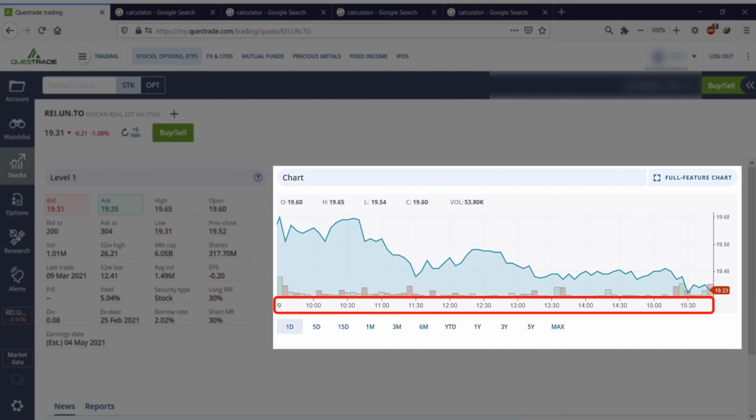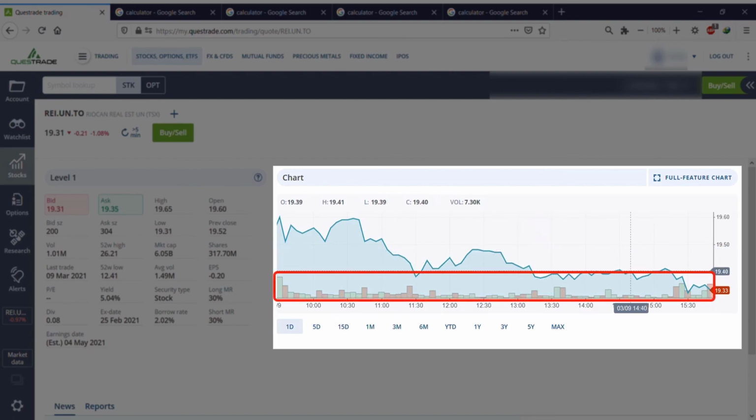And this part that looks like a histogram graph shows the volume of the stock. If the rectangle is green, it means there was an increase in the volume, and if it is red, it means there was a decrease in the volume.